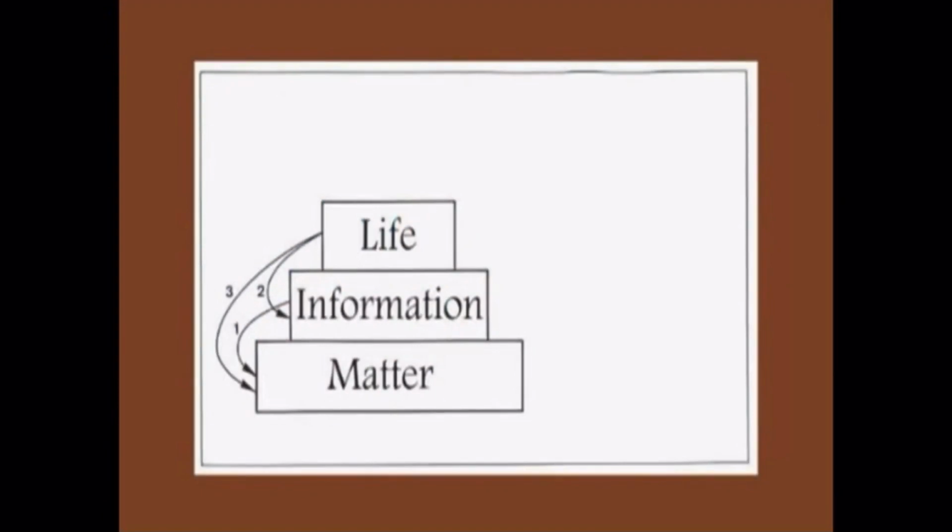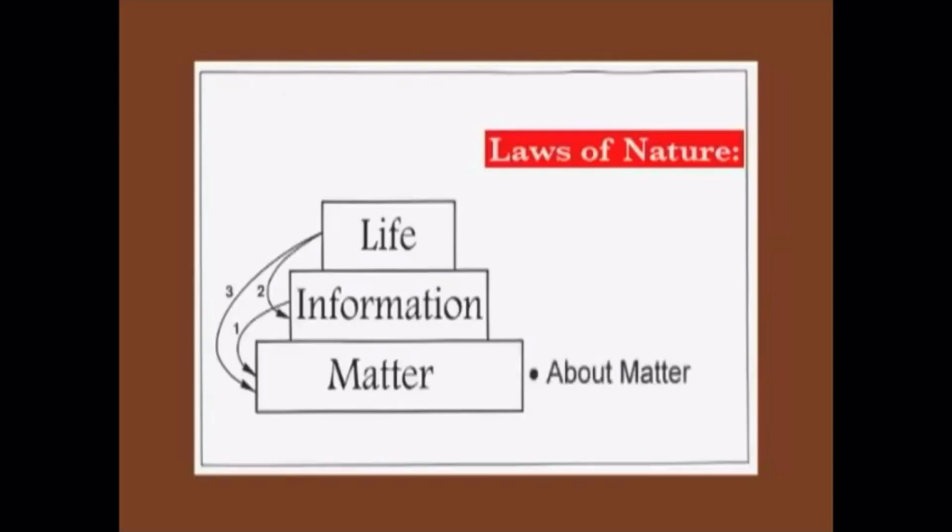In our world, we have 3 kinds of realities: matter, information, and life. What is the best understanding of such systems? Of course, it is if we know laws of nature about these 3 possibilities. The laws of nature about matter are well known in physics and in chemistry.